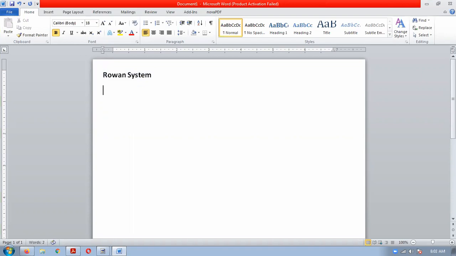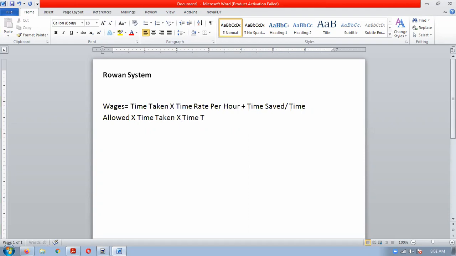So the formula for wages under the Rowan system: wages is equal to time taken into time rate per hour, plus time saved divided by time allowed into time taken into time rate.